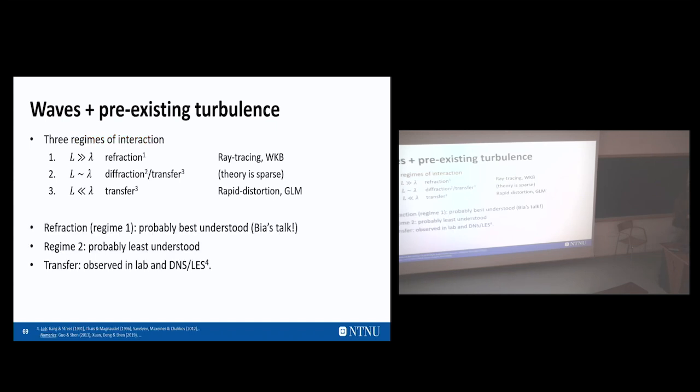Anyway, we've been looking quite a lot into this in-between case. In the ocean, as you see, the turbulence exists over all the scales, so to assume scale separation is perhaps a little dubious, although sometimes you have to.